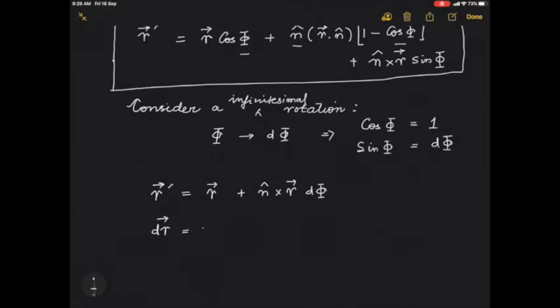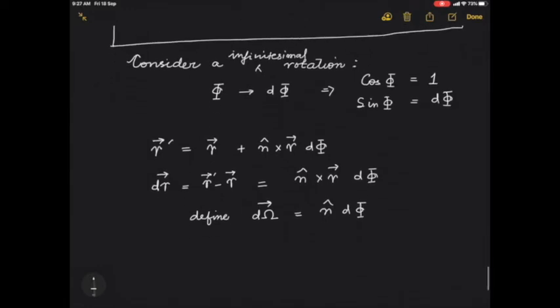This is very interesting because now I can write the change in r as dr, which is r prime minus r, as n cap cross r times d phi. I can now define a vector d omega, which is n cap d phi.